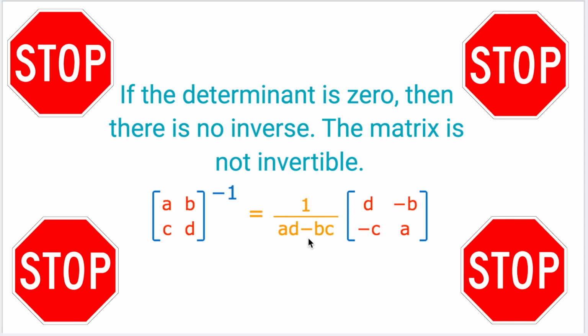And you'll notice that the determinant is in the denominator. The denominator of a fraction cannot be 0. If it's 0, you cannot find the inverse. So always keep in mind, whenever you're going through the process of calculating the inverse, determine whether or not the matrix has an inverse, and then you can proceed to find the inverse. If it's 0, you stop the process.